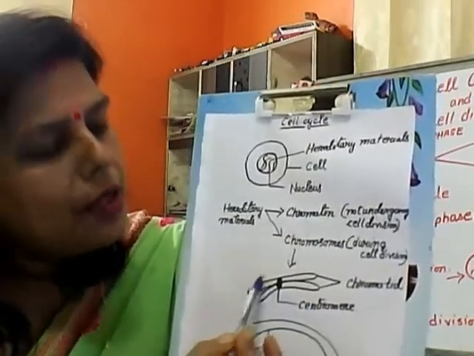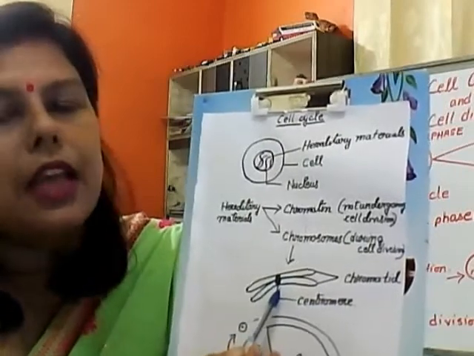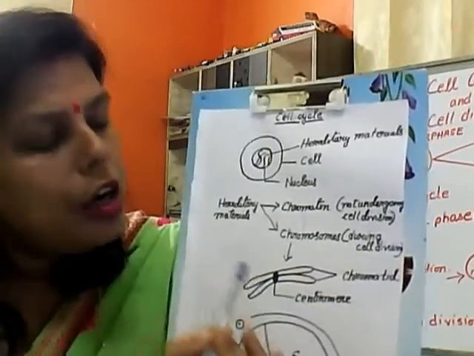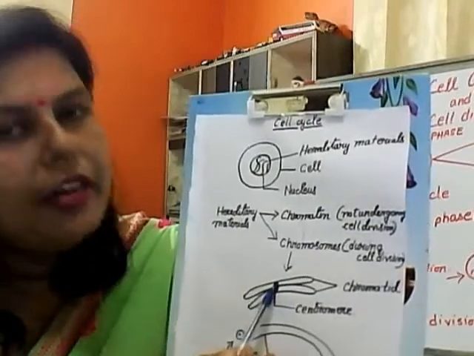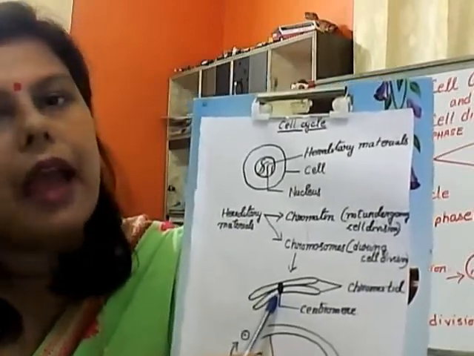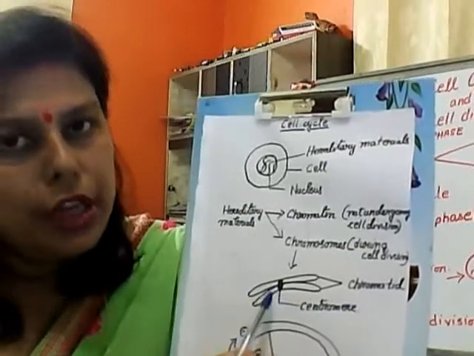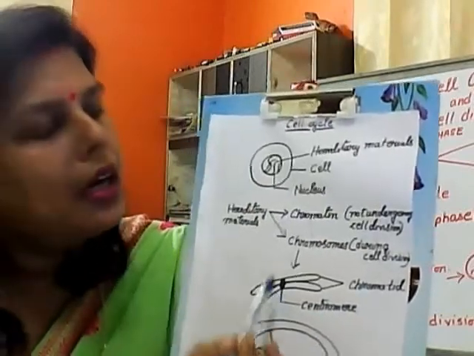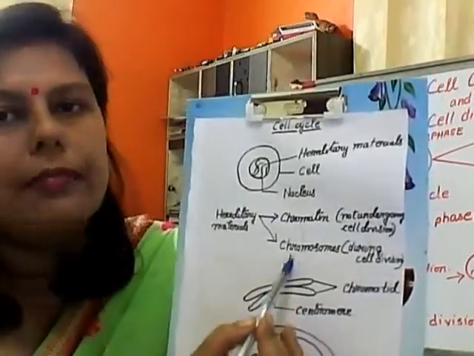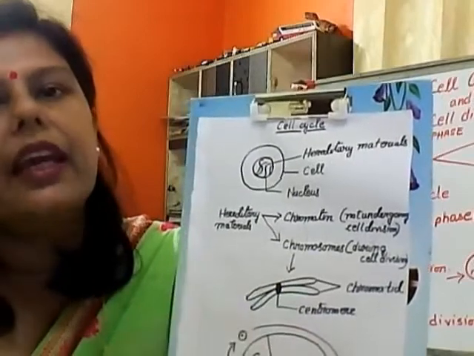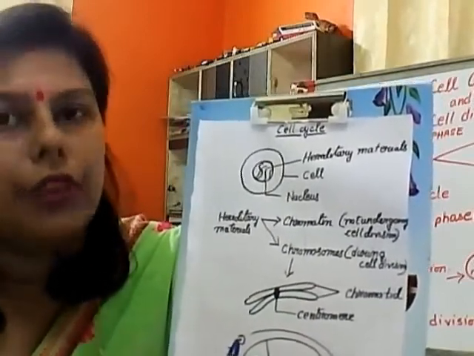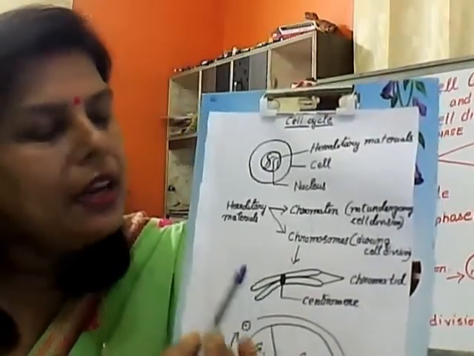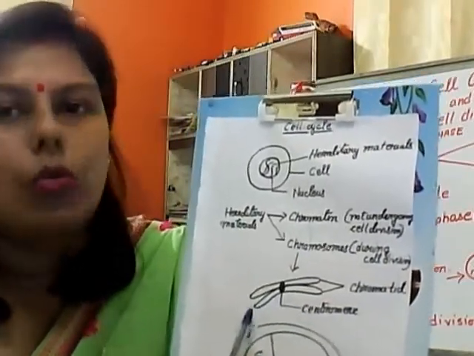So when the cell is ready for cell division, the hereditary materials are termed chromosomes. Children, one thing you should remember: chromatin and chromosome are the same thing, and chemically they are known as DNA. Those things we will study later on, but mainly we have to know what a chromosome is.